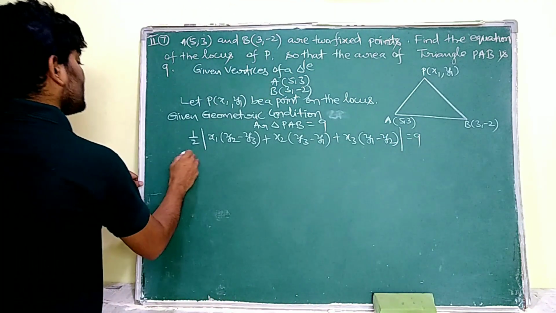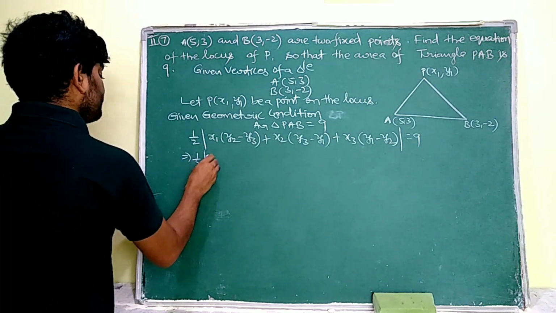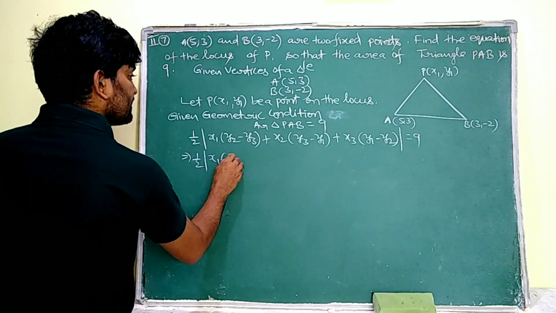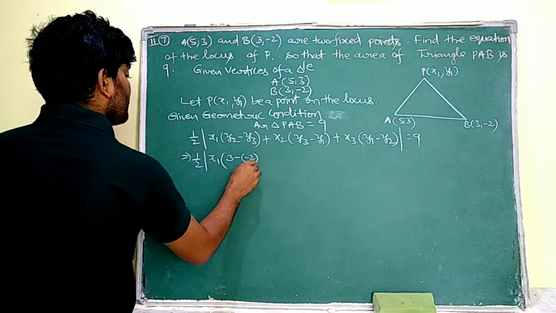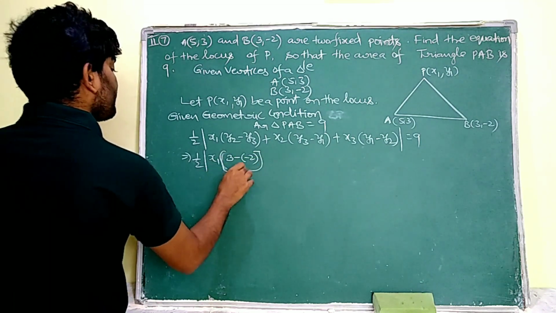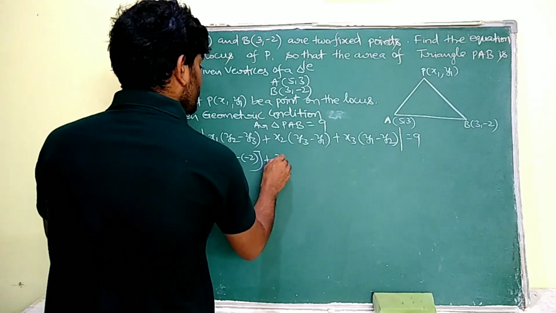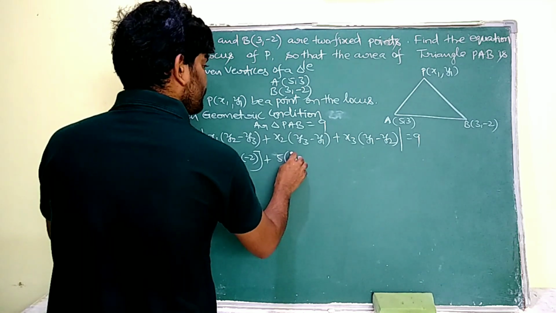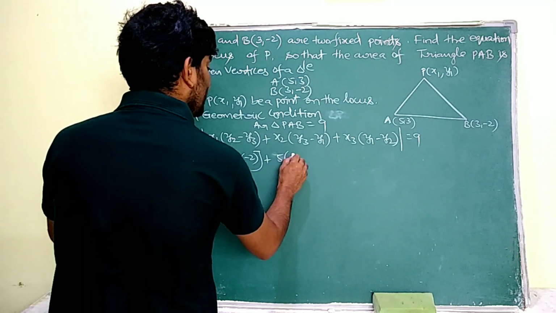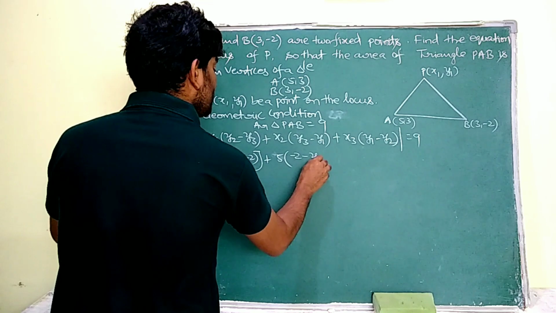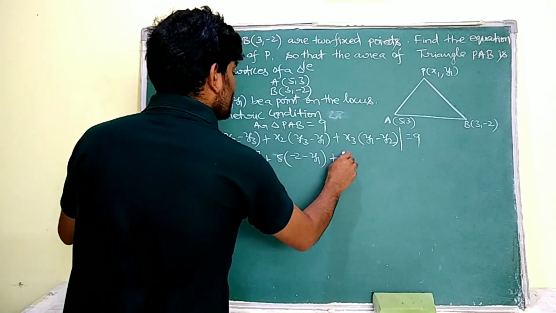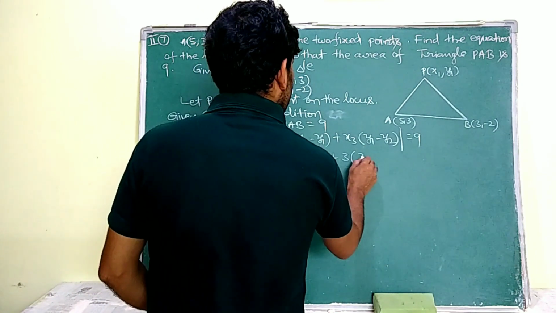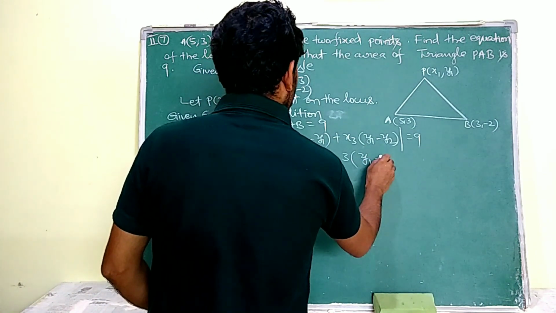So just substitute in the formula. x1 into (y2 minus y3), that is 3 minus of minus 2, and x2 means 5 into (y3, that is minus 2, minus y1), plus x3 means 3 into (y1 minus y2).